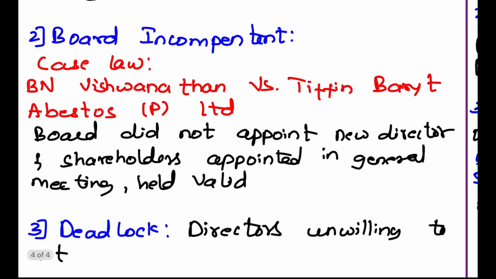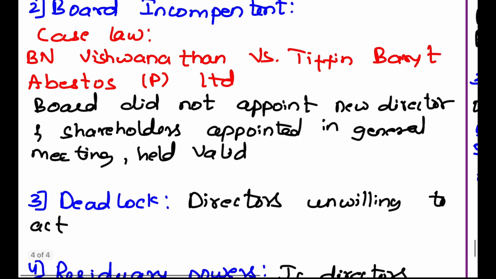If the Board is incompetent to act on their duty, then shareholders can take the power in their hand and exercise it. In the case law B.N. Vishwanathan versus Tiffin Barrett Asbestos Private Limited, the board had the vested power to appoint a new director, but they failed to appoint one. So in the next general meeting, the shareholders appointed a director and it was held valid.